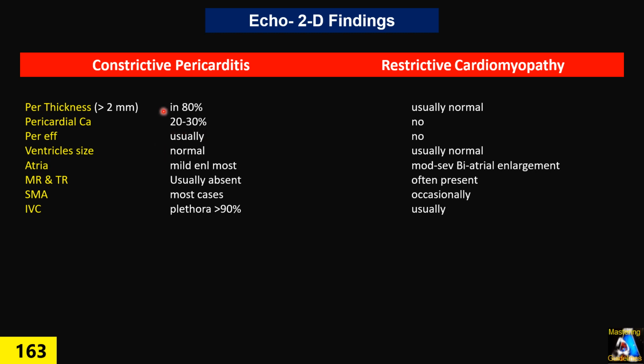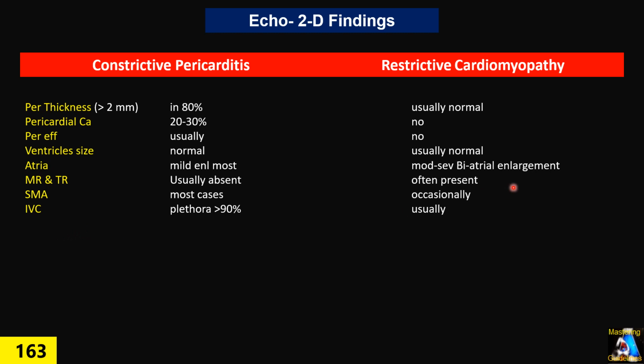Ventricular size in both conditions is usually normal. Atria in constrictive pericarditis are usually normal or mildly enlarged in most cases, sometimes up to moderate. But in restrictive cardiomyopathy, we almost always see and expect bilateral enlargement that is moderate to severe.